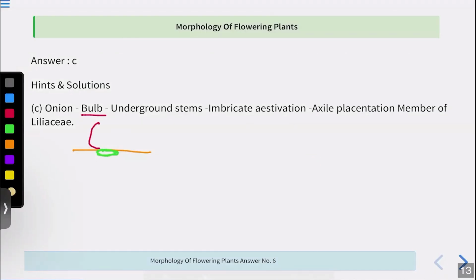So if this is the onion plant with the roots, this green disc is a reduced stem. It is underground. Imbricate aestivation, that is a kind of aestivation. Okay. Axile placentation, it is a member of Liliaceae. That makes option number C correct.